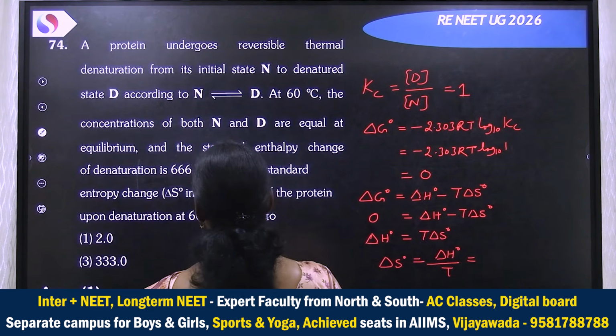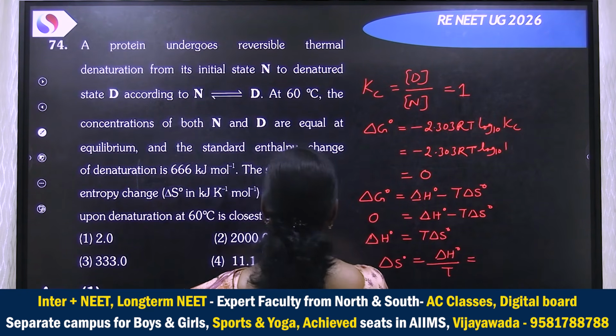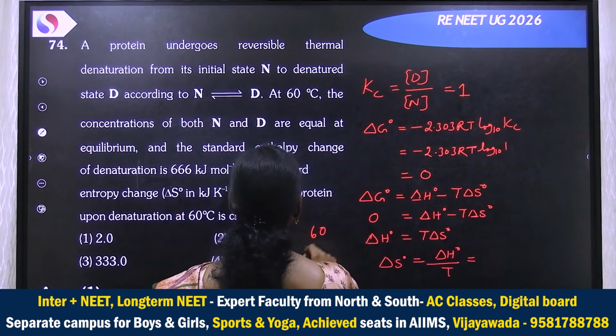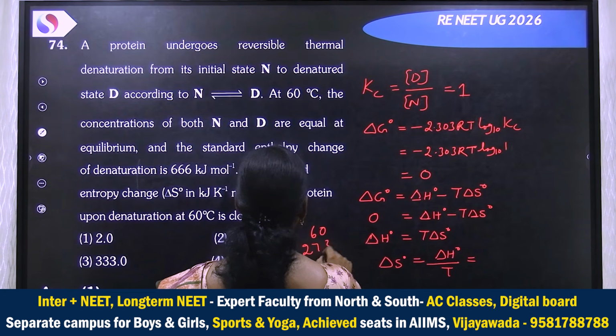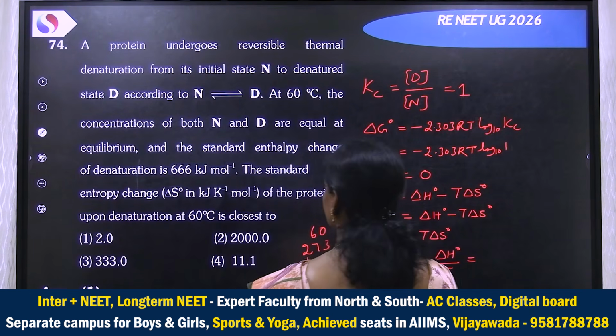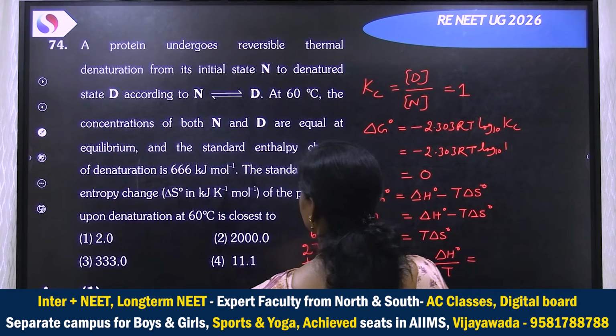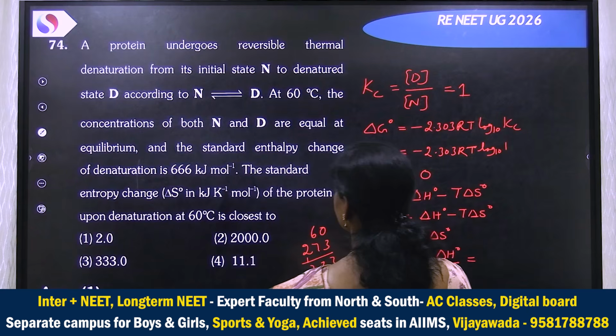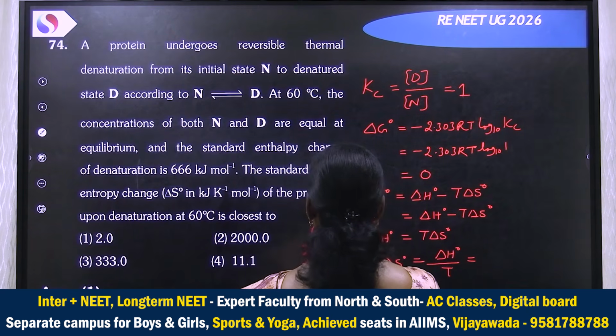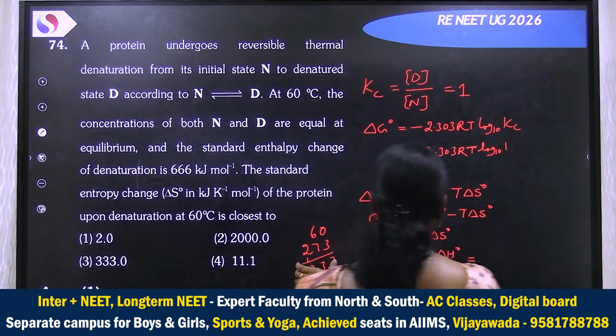So the temperature is 60 degrees Celsius, and when we convert it into Kelvin, it is 333 Kelvin. So delta H naught is 666 kilojoule and temperature in Kelvin form.